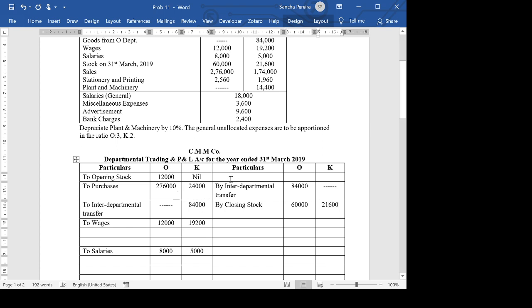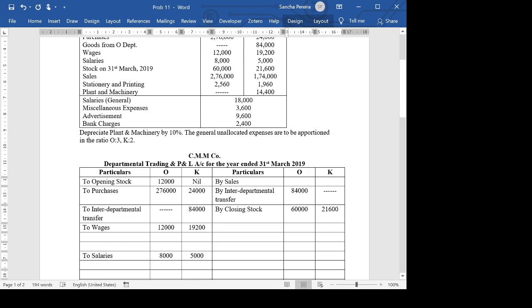Then there is sales, this is the first item on the credit side, 2,76,000 and 1,74,000. Okay, so that's it with the trading account entries.